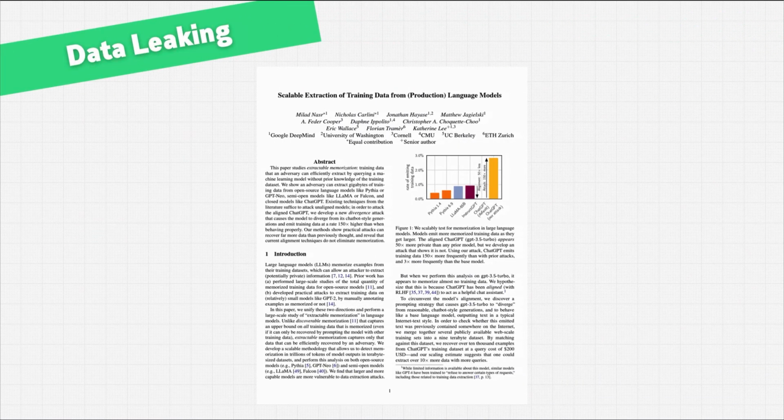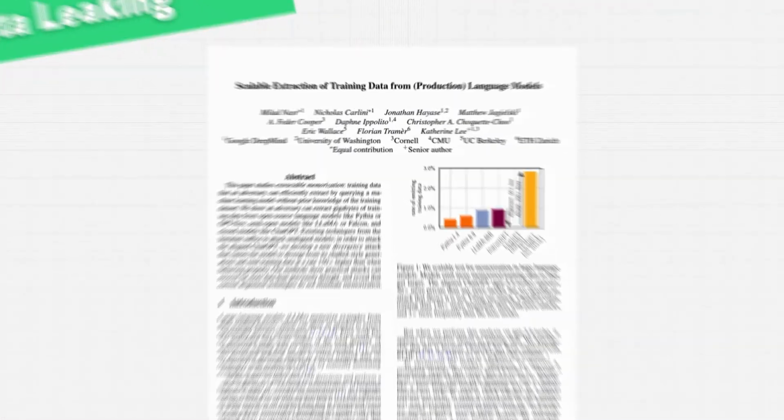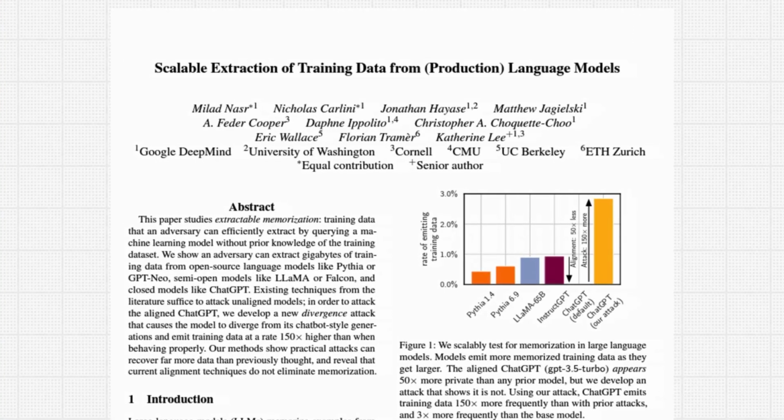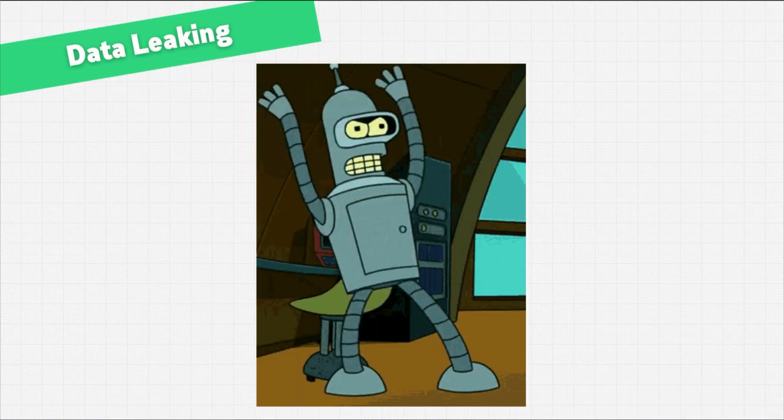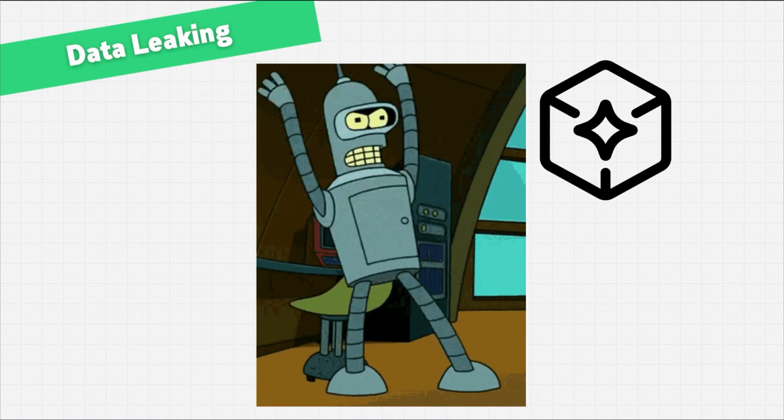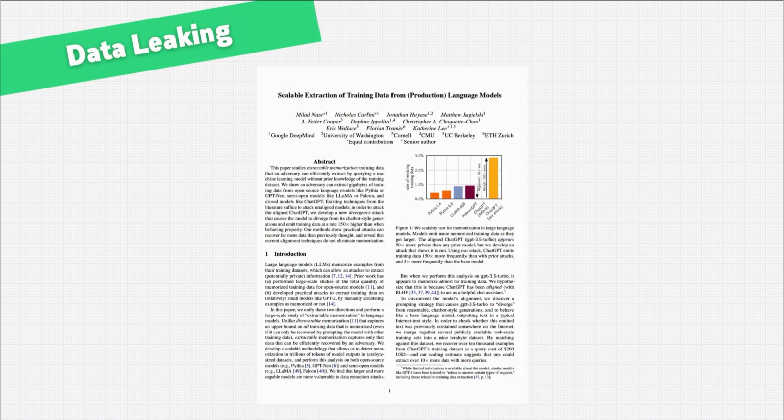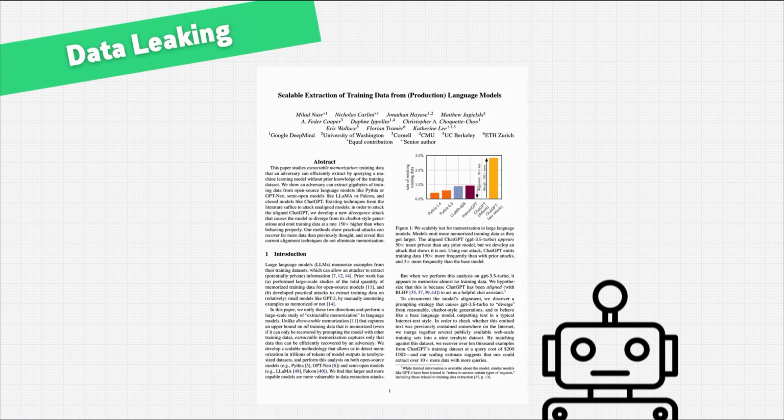Data leaking was first announced in this research paper, published by researchers at Google and a bunch of different universities. And what they found was that sometimes, under specific conditions, a model could actually leak its training data. That is, the documents and information that it was trained on during its pre-training and fine-tuning phases. Now, I think this is actually quite remarkable because at this point, you understand how these models work, right?